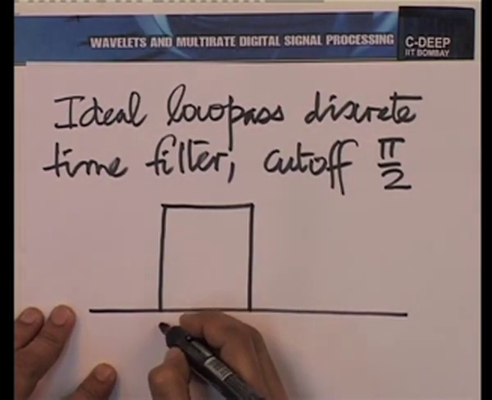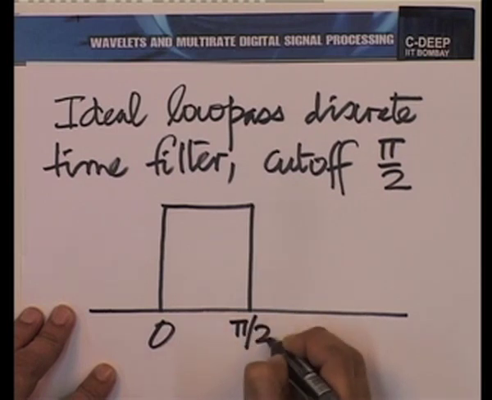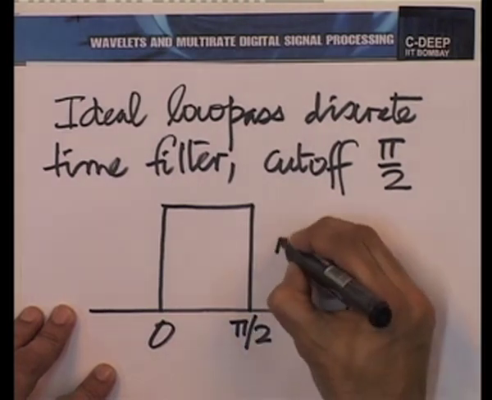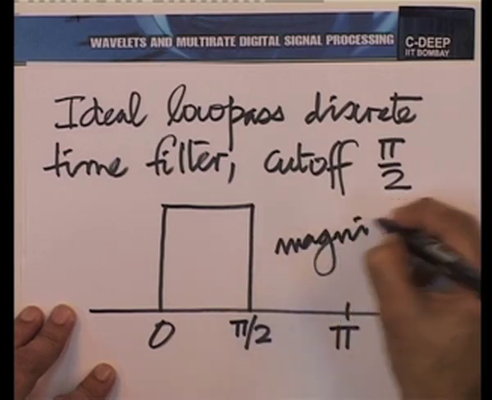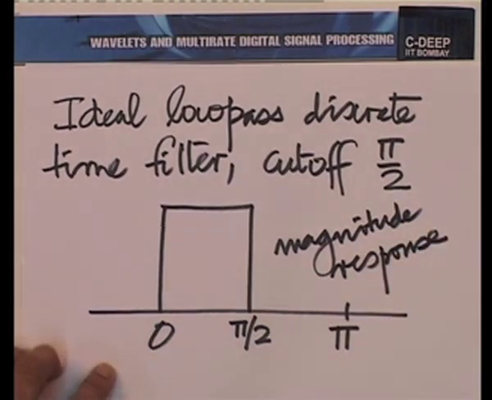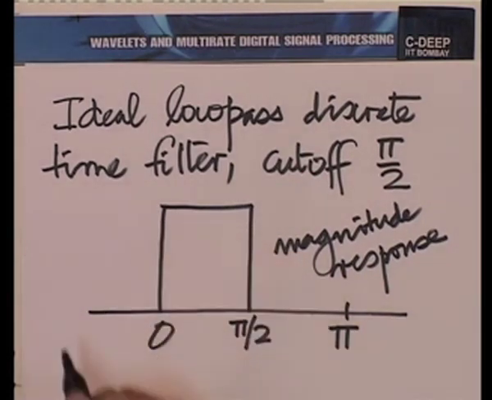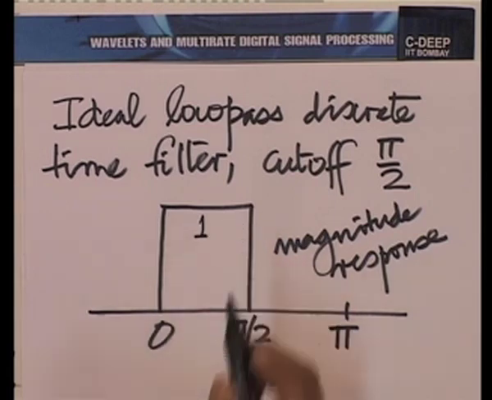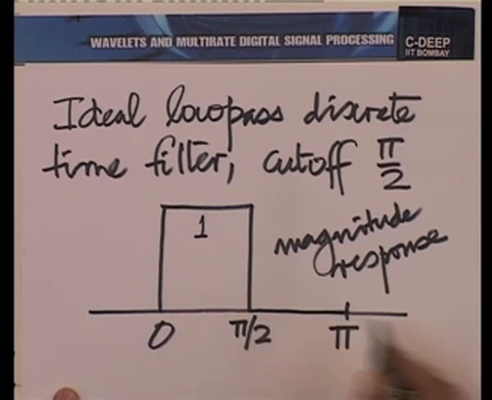So, it would have a magnitude response that looks like this. And ideally, the phase response would be 0. So, the response itself would be 1 between 0 and pi by 2 and 0 between pi by 2 and pi, and of course, mirrored as it is between minus pi and 0. So, ideally, we would have this magnitude and phase equal to 0.